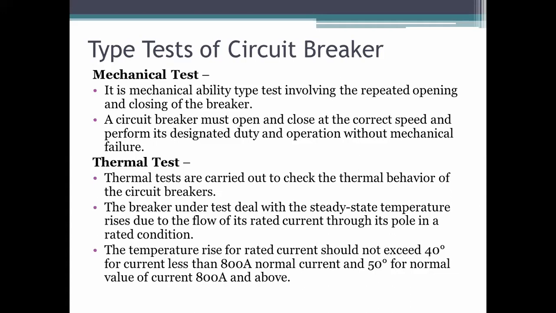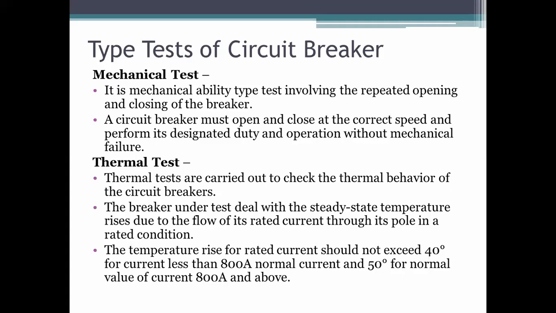The type tests of a circuit breaker: first is the mechanical test. Mechanical test means we simply check whether there is any mechanical damage to the circuit breaker. It is the mechanical ability type test involving repeated opening and closing of the circuit breaker.